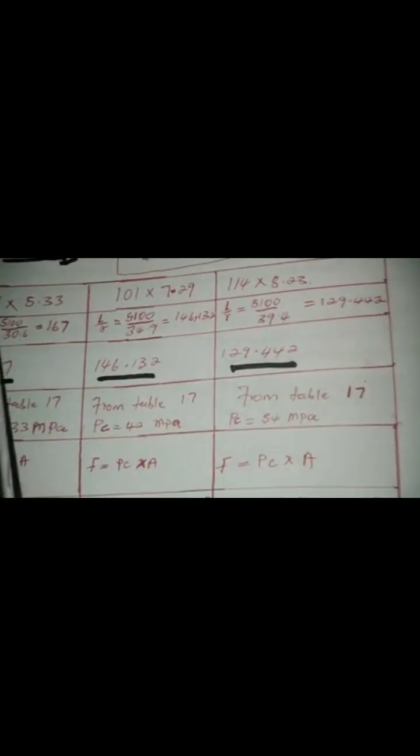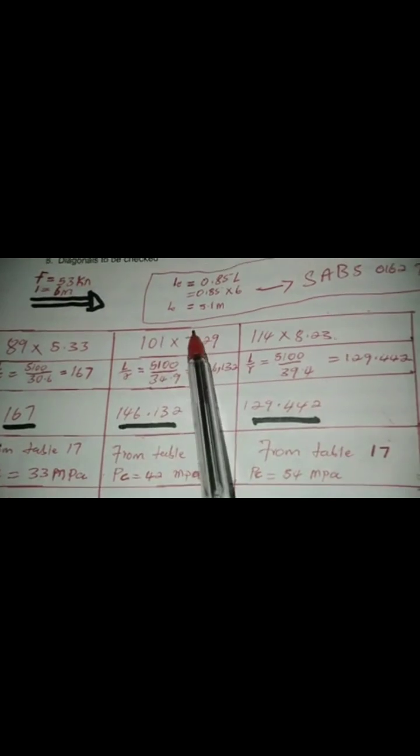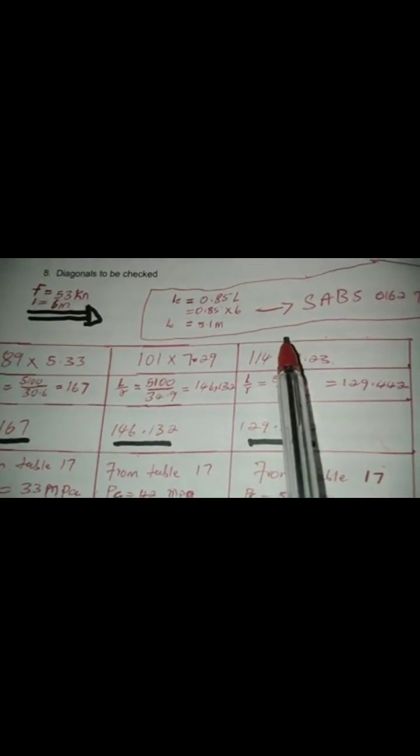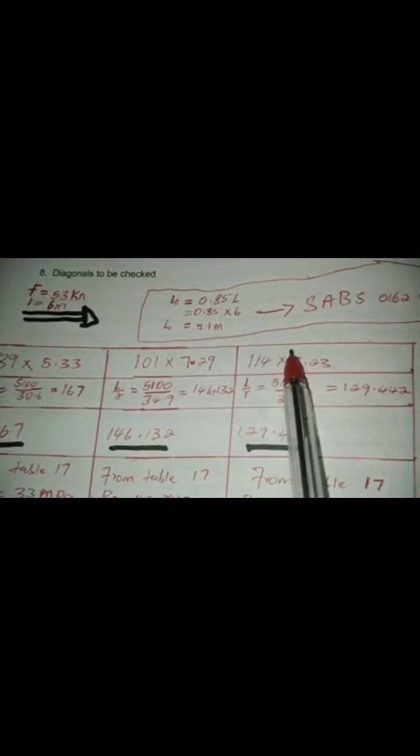So it's 1, 2, and 3. You use them as your headings. You don't have to punch a calculator.